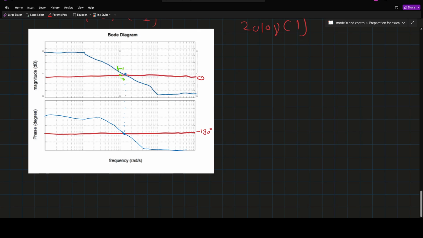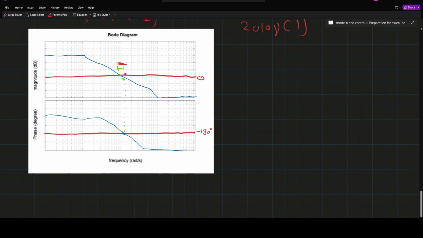So that's the value of gain that is going to make it cross through the frequency that makes this open loop minus 1, and that's what we don't want. So this difference here is our gain margin.